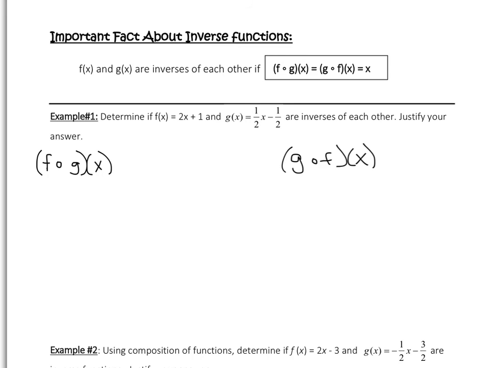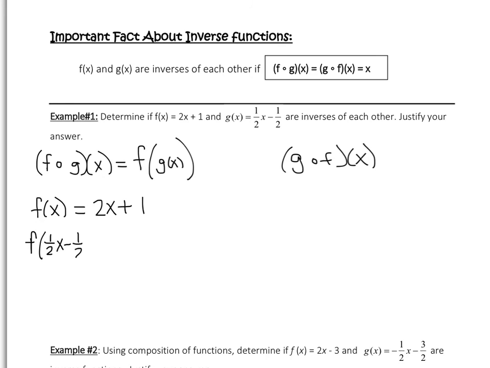So this first example is f of g of x. What that means is do f and throw g of x inside. So we're going to take this g of x function and put it into f. So we're going to start with f of x. f of x is 2x plus 1. And I want to find now f of 1/2 x minus 1/2.